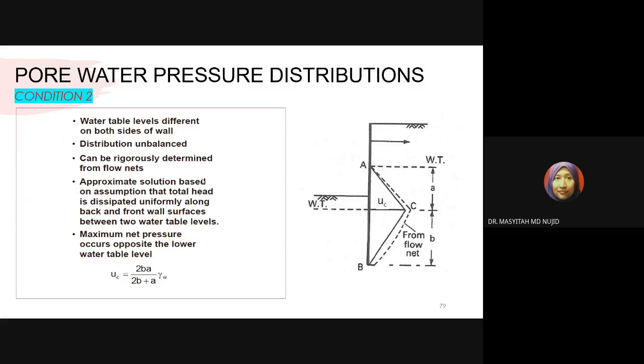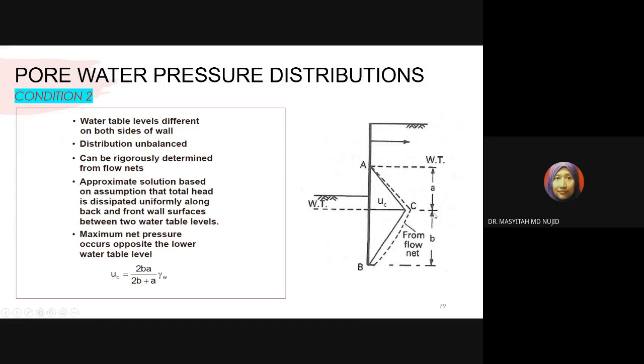An approximate solution is based on the assumption that total head is dissipated uniformly along the back and front wall surfaces between the two water table levels. So the maximum net pressure occurs opposite the lower water table level. So the UC can be calculated from equation 2BA.